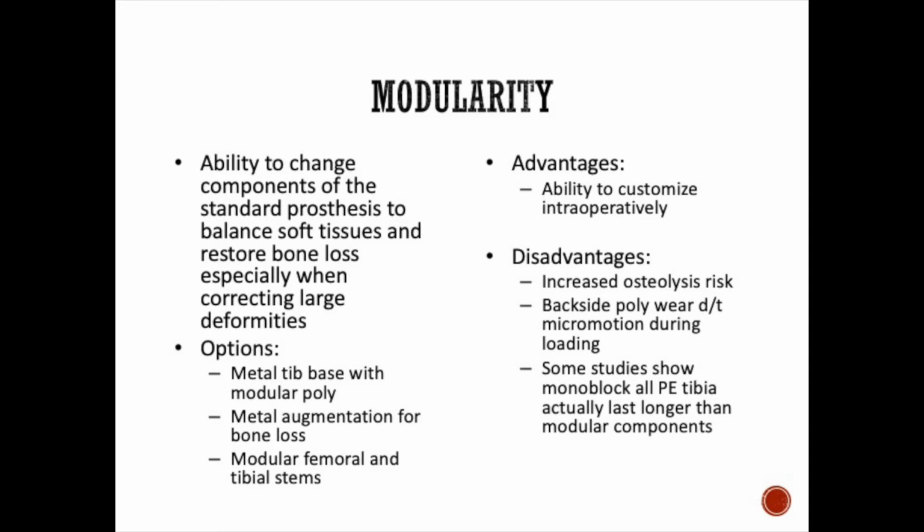The other thing is that you have multiple junctions that can fail. So you can have structural failures at any of the junctions, whether it's the bone to femur, femur to polyethylene, polyethylene to tibia, tibia to bone. Additionally, some studies do show that a monoblock all polyethylene tibial component does actually last longer than the modular components, and likely for some of those issues that we just talked about.